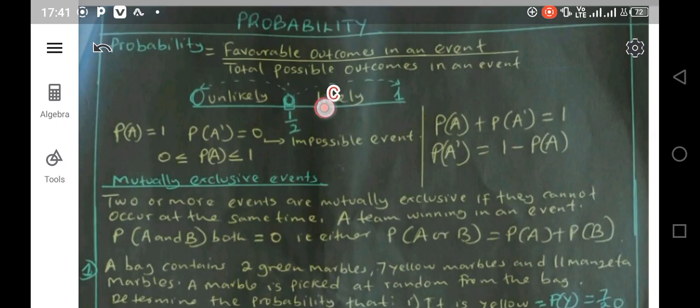Now we also have what we call likely events. Likely events in probability have the highest chances of happening or occurring, and they fall in the range of half to 1. An example of a likely event is the probability that a week has 7 days, which is 1.